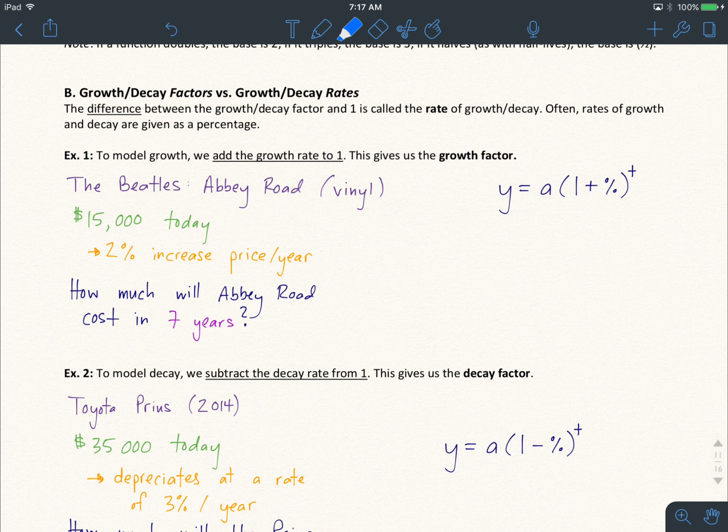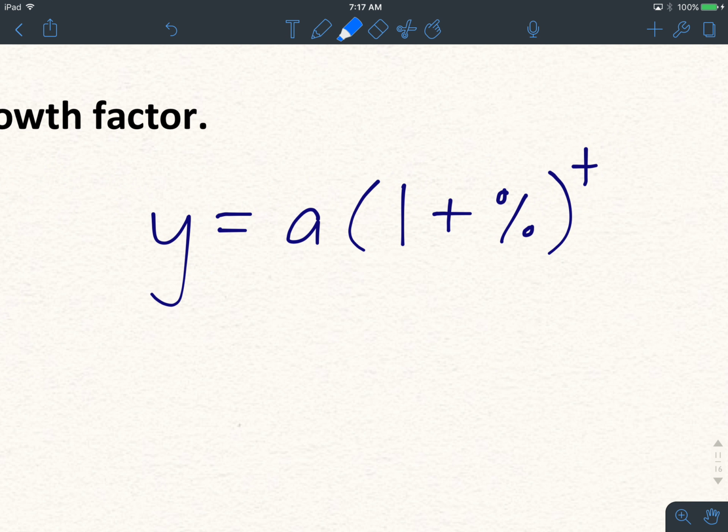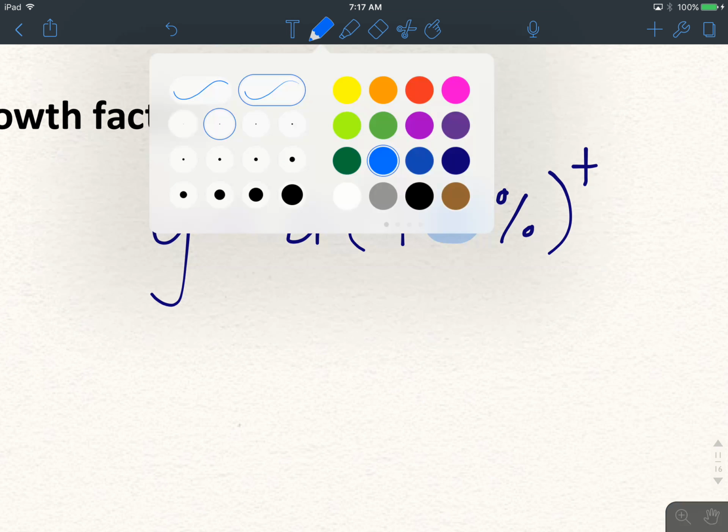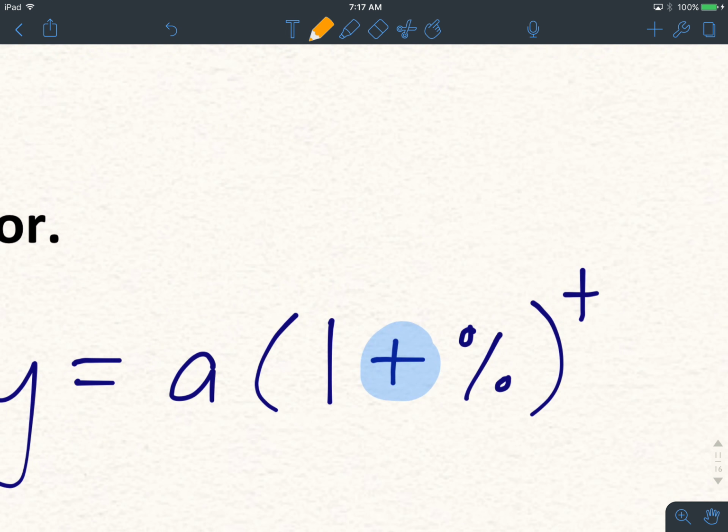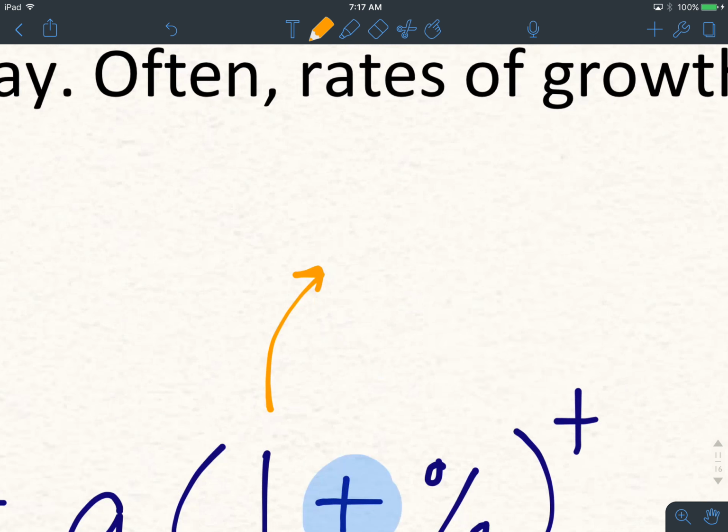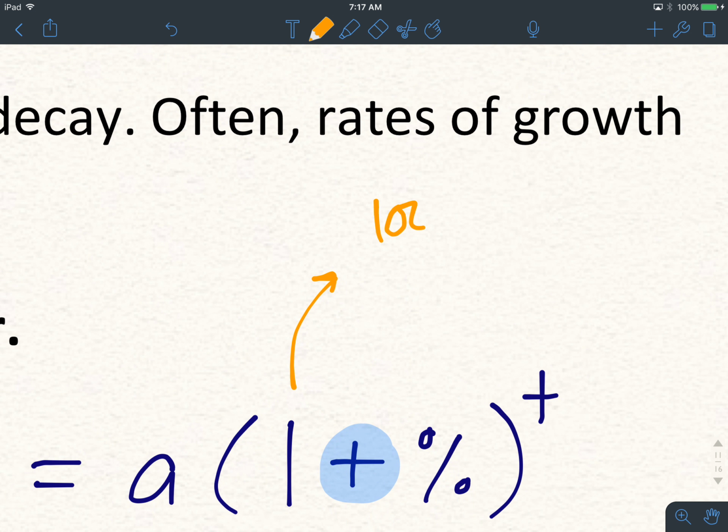So I've got the equation set up. As I said when I was reading the description, we take whatever our growth rate happens to be and we add it to 1. Now why 1? Well, the 1 in this bracket represents 100% of the original amount.